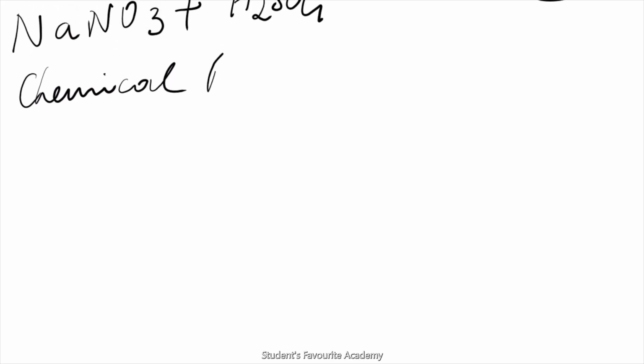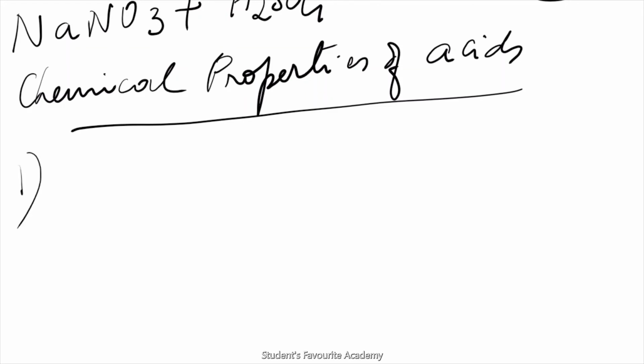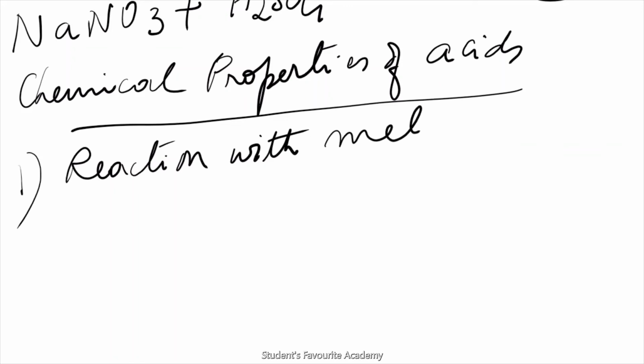Now chemical properties, very important. The first property is reaction with metals. Active metals react with both dilute acids and concentrated acids.